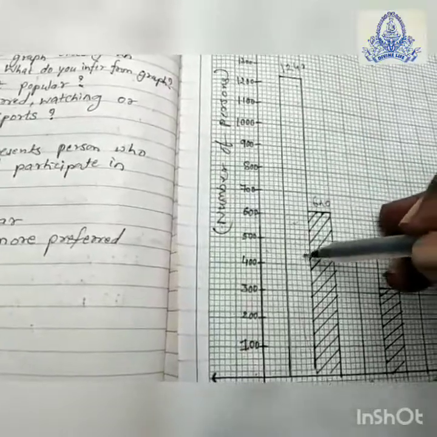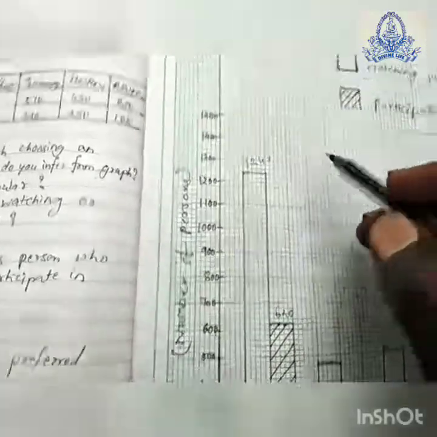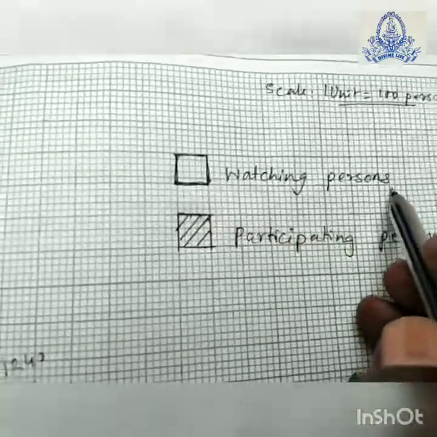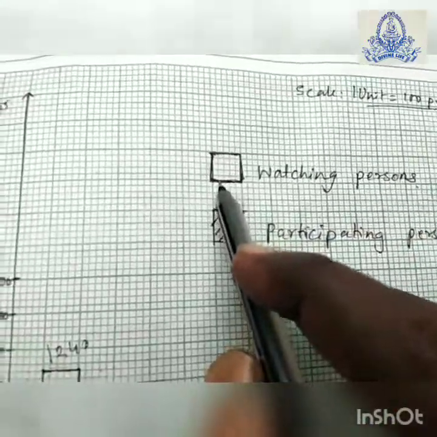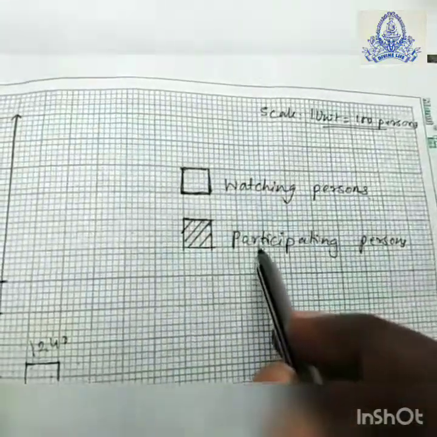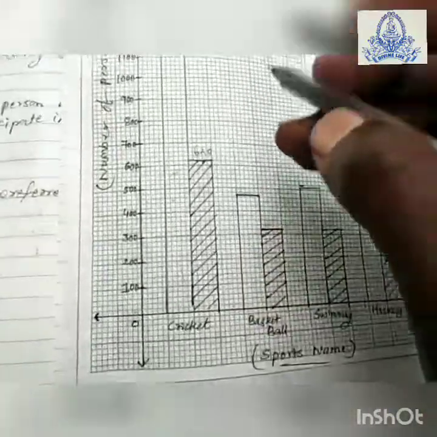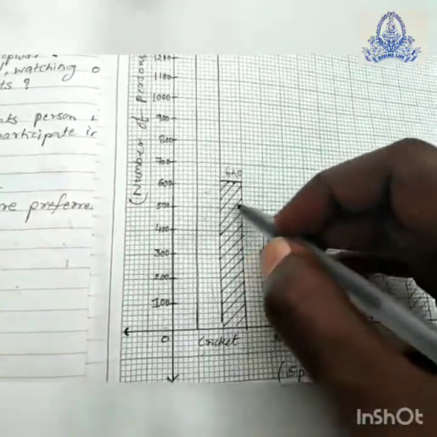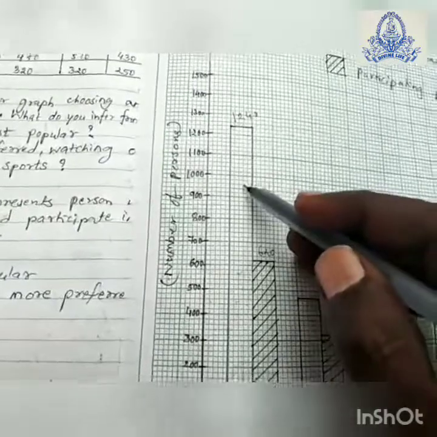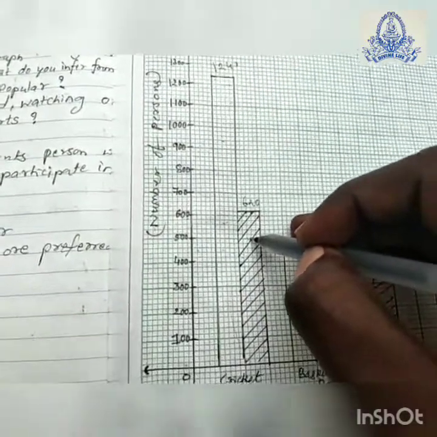This is a double graph, so we have to put them side by side and make a sign: the watching persons are shown as an empty bar, and the participating persons have strips going from the left-hand side. So we can differentiate that this is watching persons and these are participating persons.